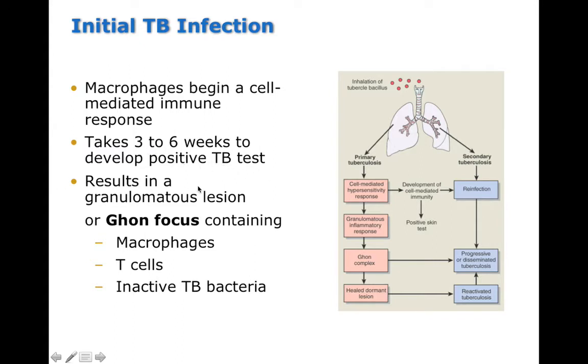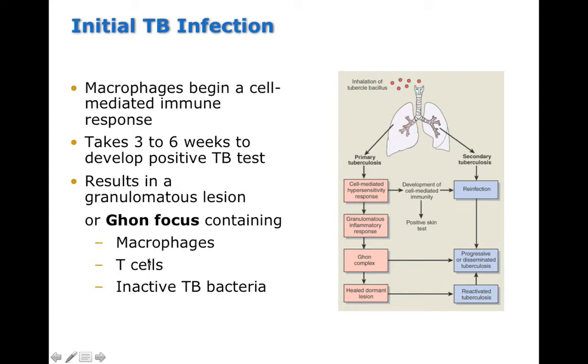Now, this ultimately results in a granulomatous lesion called a Ghon focus, and we have the cell-mediated hypersensitivity response that leads to the inflammation of that local area of tissue, and we get this Ghon complex. Now, the Ghon focus or Ghon complex is basically just a little local area of lung tissue that has macrophages, T cells, and some inactive TB.